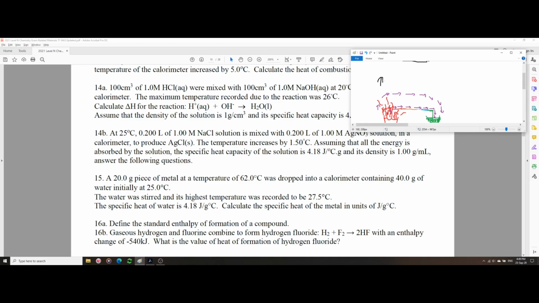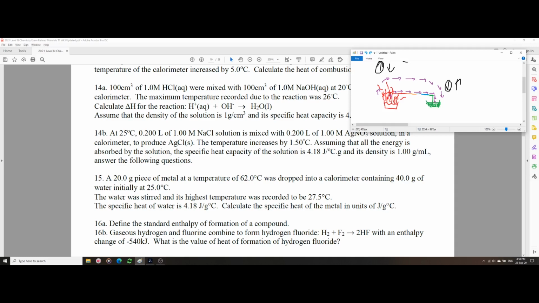Obviously, the higher temperature one, which is, let's say, the hot one in this case, is going to drop, and the one with the lower temperature is going to increase because it's being given heat energy. Now this will keep happening till they reach a certain level where both temperatures are the same, and you have no net heat change, no net temperature change. That's, of course, assuming there's no heat loss, there's no energy lost anywhere.